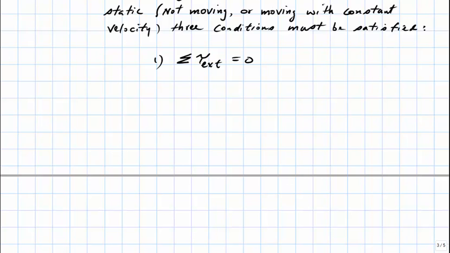The other two conditions are familiar to us. The second one states that the sum of the forces in the x must equal 0. And finally, the third condition states that the sum of the forces in the y direction must equal 0 as well.